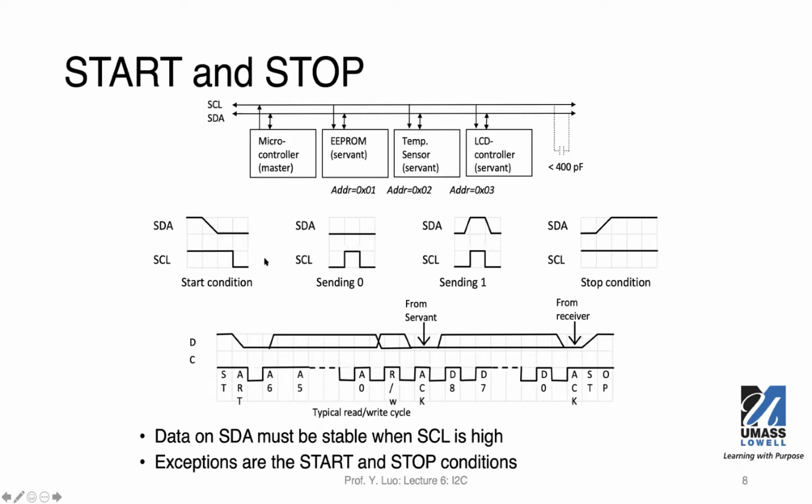There are certain signal patterns that are important for this I2C protocol to work. We mentioned earlier that the very basic status for the bus is to be in the idle state. When in the idle state, both of these 2 wires are going to be logically high. So you see here, before this point, the bus is in idle state. And then at some point, the master will pull this SDA line to low, as we see here.